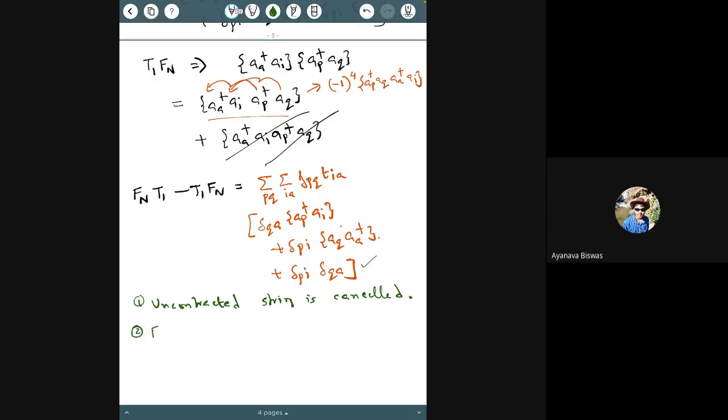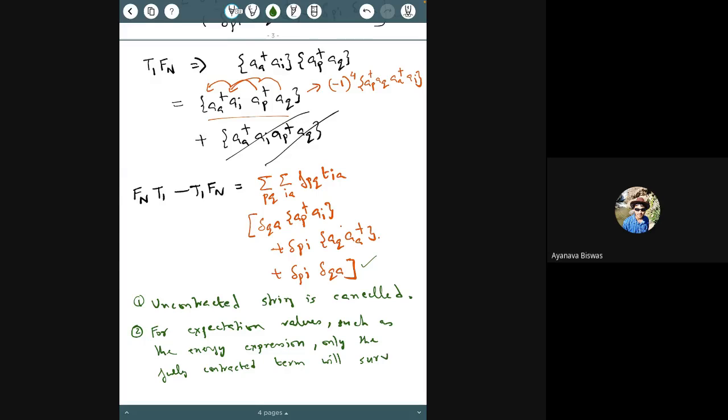So for expectation values such as the energy expression, only the fully contracted term will survive. This we've seen before.